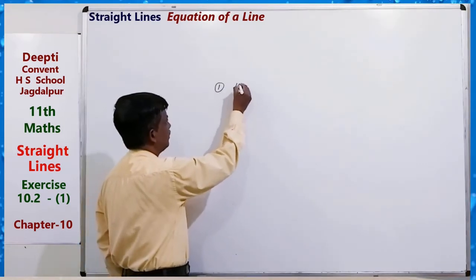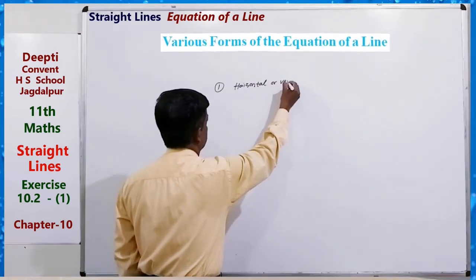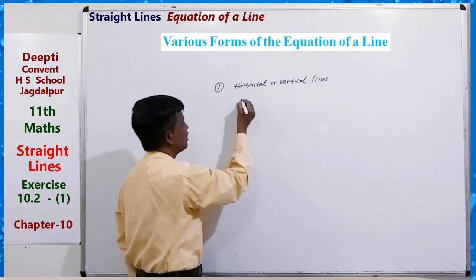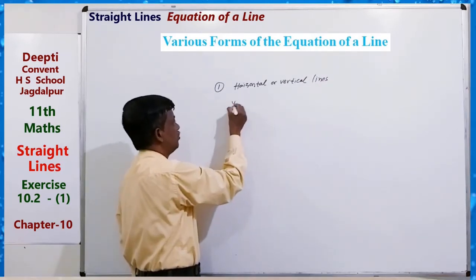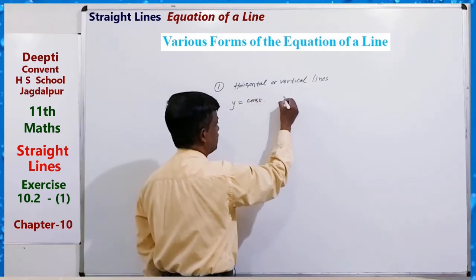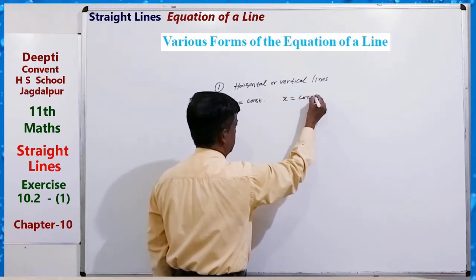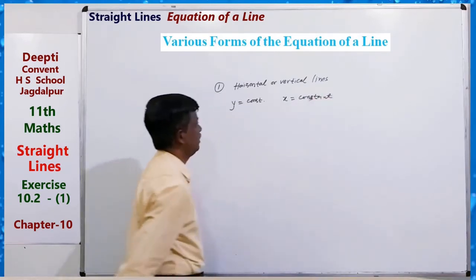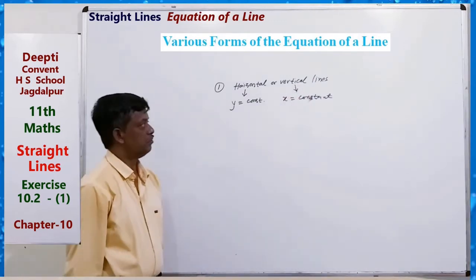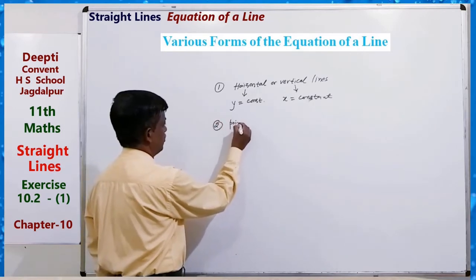First, horizontal or vertical lines. What does a horizontal line mean? y equals a constant, and a vertical line means x equals a constant. Horizontal means y equal to constant, vertical means x equal to constant. Second, point slope form.